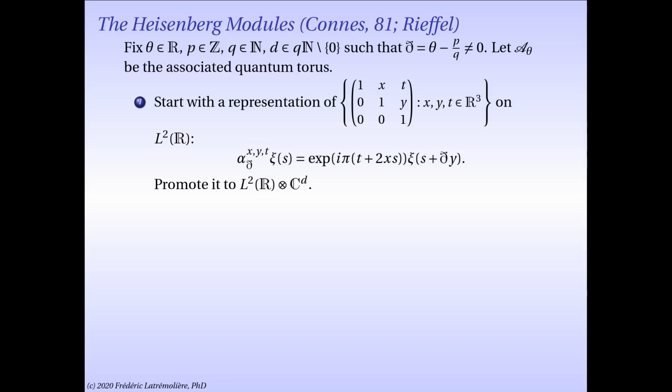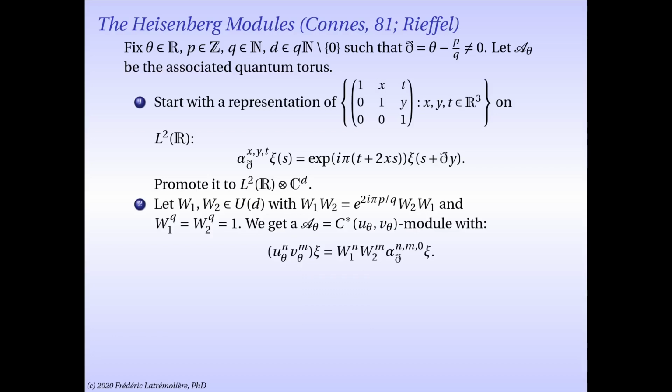We pick the Schrödinger representation of the Heisenberg group where the so-called Planck constant is given by f. This representation acts on L2 of R, and we tensor it with a trivial representation on C to the d to get a representation of the Heisenberg group on the space L2 of R tensor C to the d.